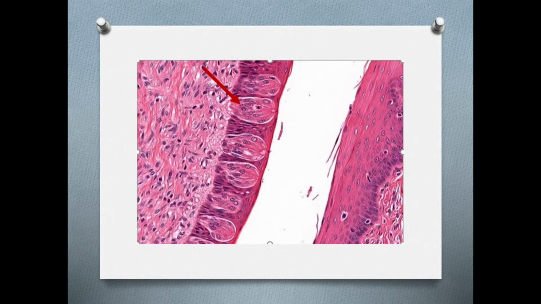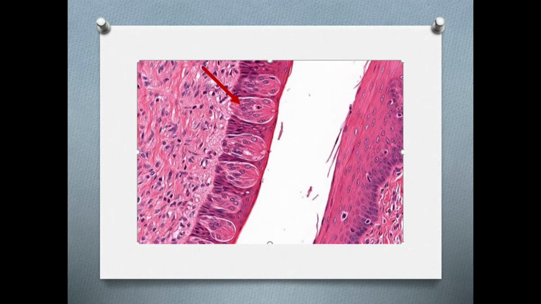And what is indicated now in this micrograph? Taste bud. And in these structures, the taste buds, which types of cells are there? How many types of cells and what's the function of these cells?